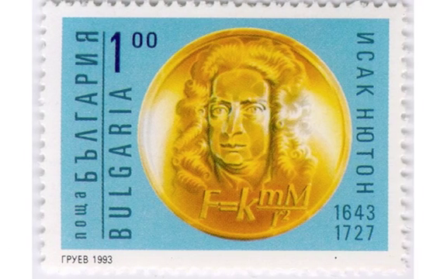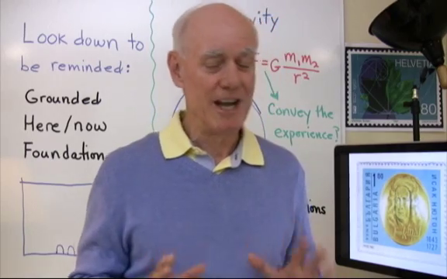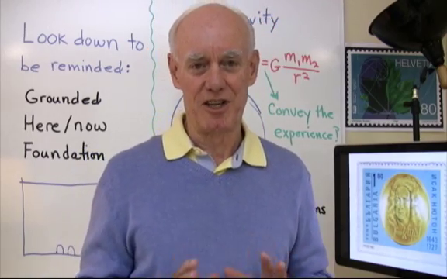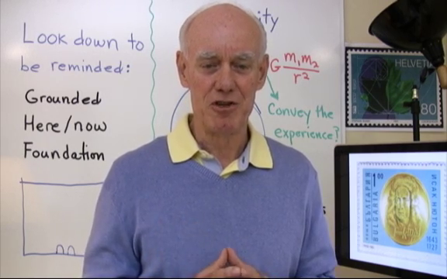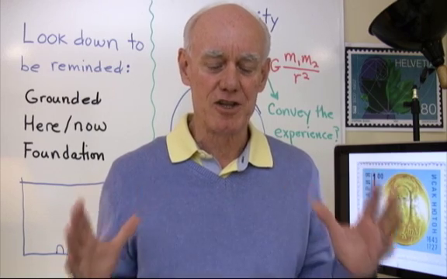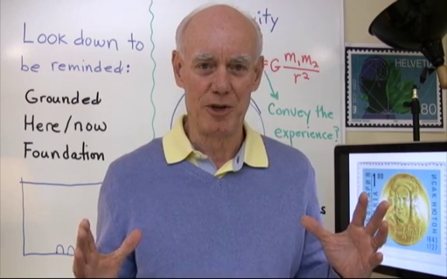Here's another postage stamp from Bulgaria, and if you look down here, here's that same formula, K times M divided by R squared. A little different notation than we use, but still the same formula. So that formula, as important as it is, really doesn't convey what the experience of standing on the Earth is like. I think Michael Fisher's artwork adds a dimension to things that we don't normally think about.